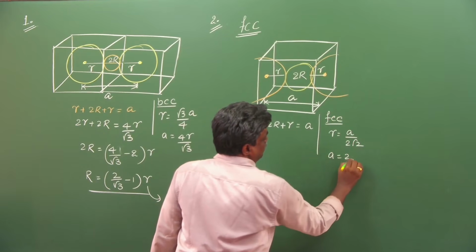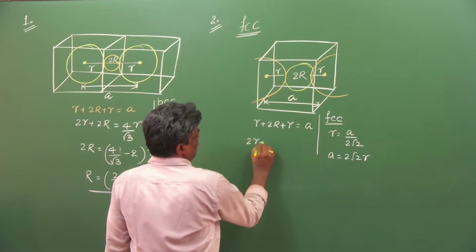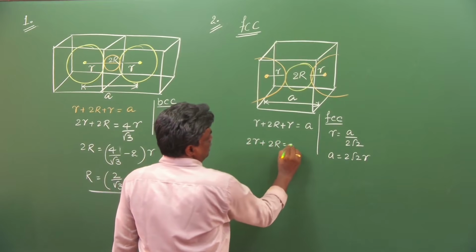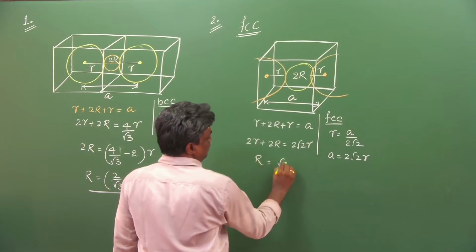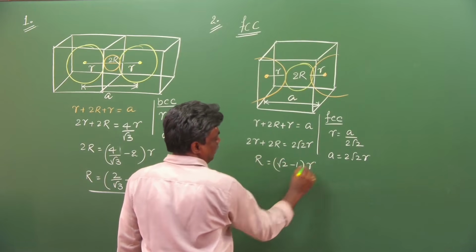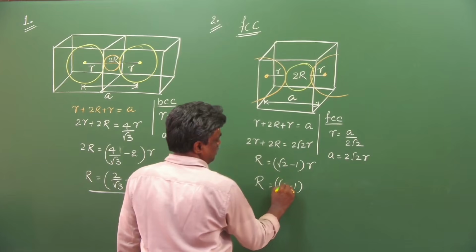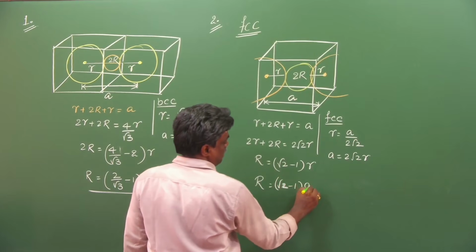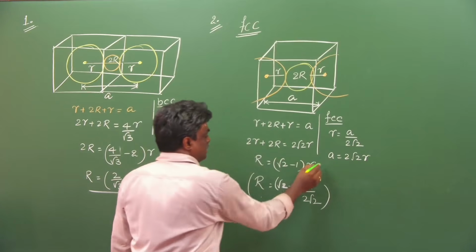So a equal to 2 root 2 r. So finally 2r plus 2r equal to 2 root 2 r. So finally r equal to root 2 minus 1 into R. Root 2 minus 1 into that capital R is nothing but a by 2 root 2. Anything you can take, either this or this.